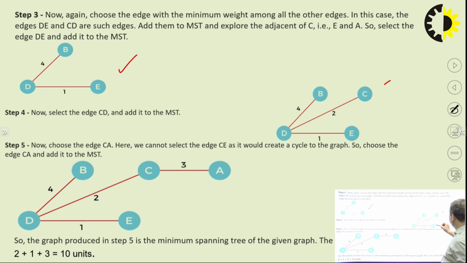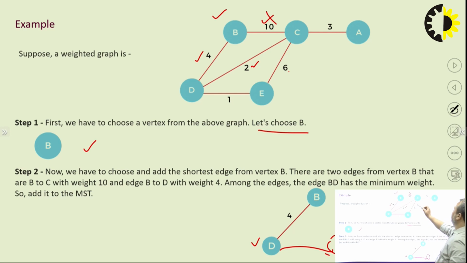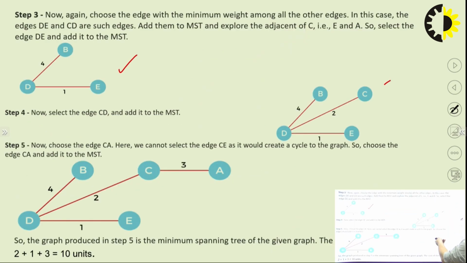What will we see? From B, C, E we will find the edge which has minimum weight and there should not be any cycle. In this case, C to A is the only edge, because B is already included and E is already included, so we have C to A last.